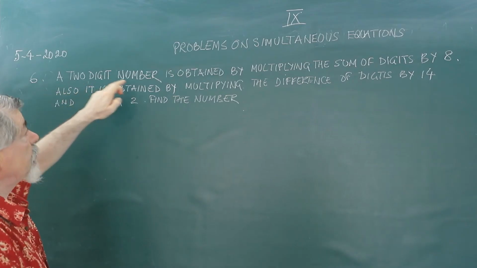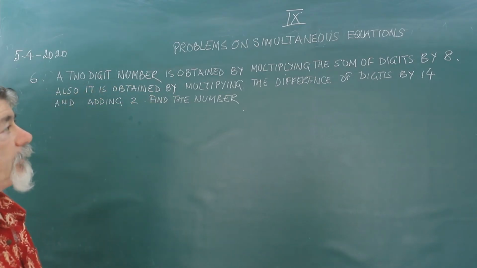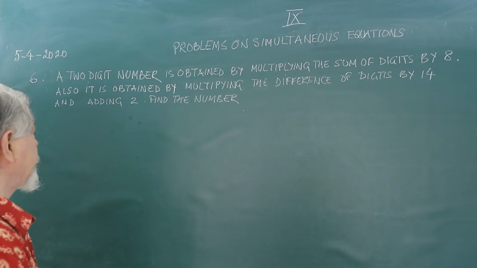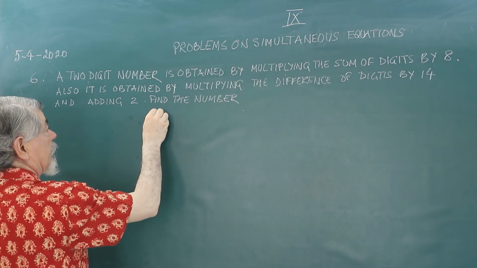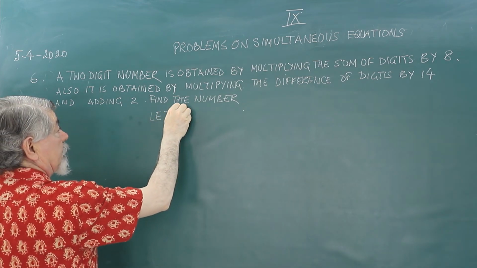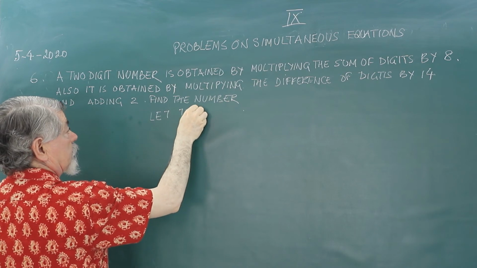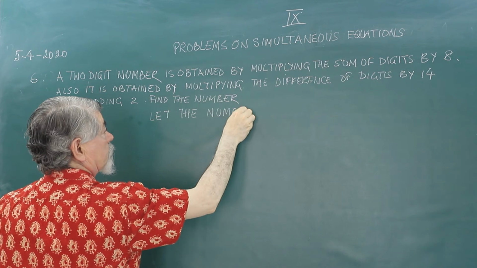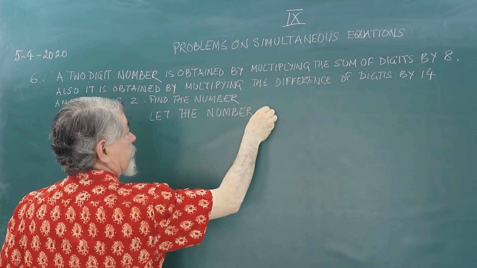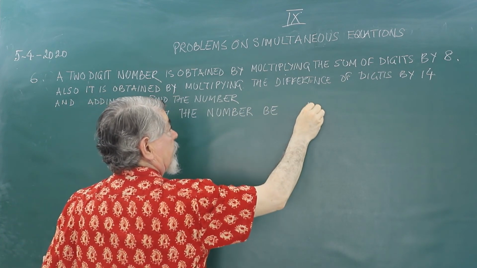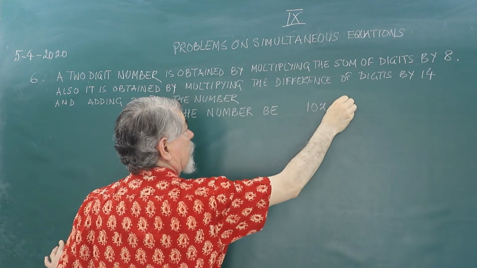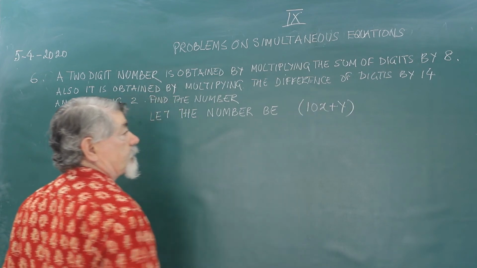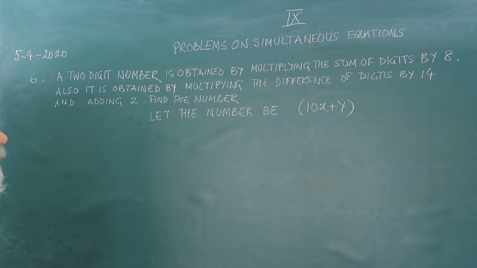A 2-digit number is obtained by multiplying the sum of the digits by 8. Let the 2-digit number be 10x plus y. It's a 2-digit number in which the unit digit is y and the tens digit is x.